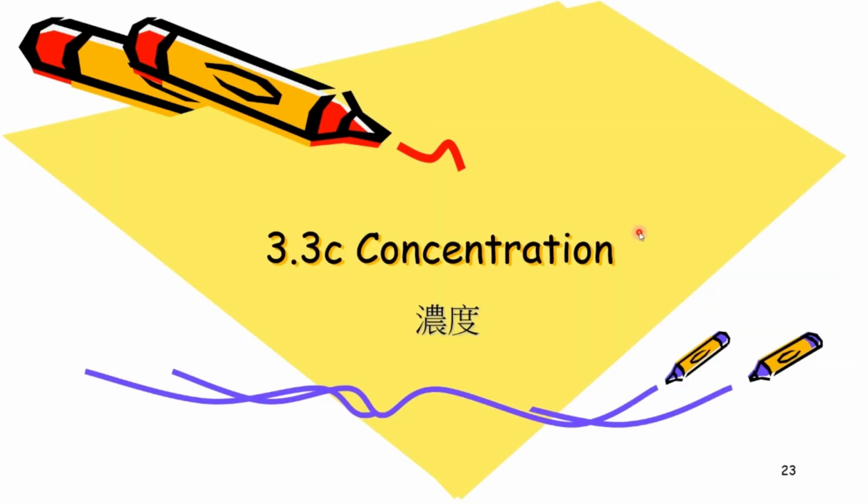Next is 3.3c. Apart from fractions to describe the amount of the species in the mixture, what else? What kind of expression can we use? This is what we call composition. Apart from composition, we have another way to describe it, which we call concentration.